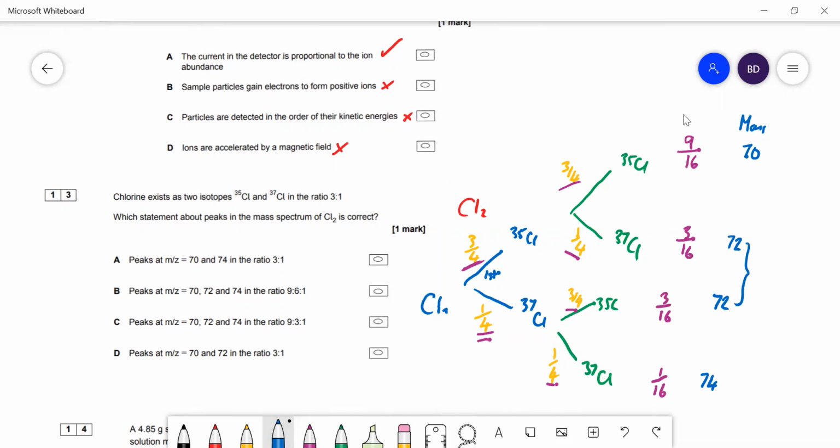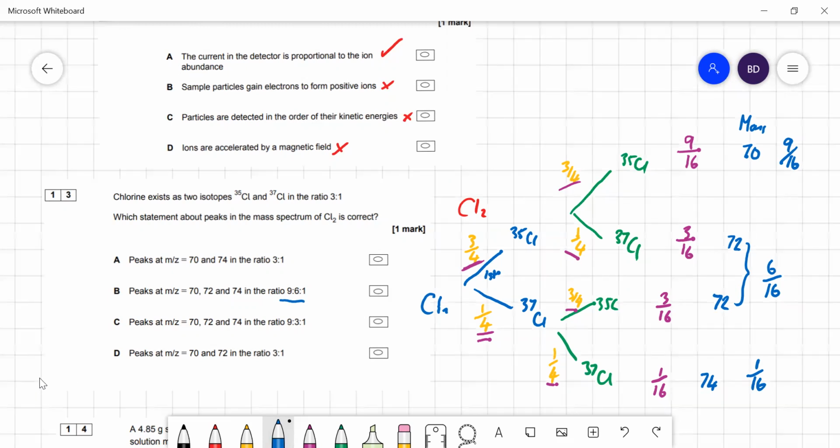So the chance of getting that one is 6/16. This one is 9/16. And this is 1/16. So the ratio is going to be 9:6:1. That is the answer there. So again, you probably wouldn't spend that long in an exam doing it, but that crops up quite a lot, that question. Okay.